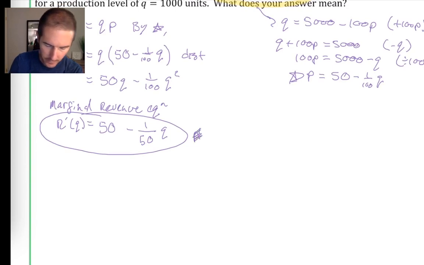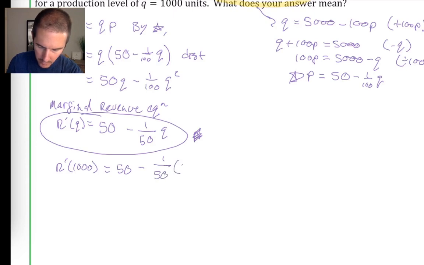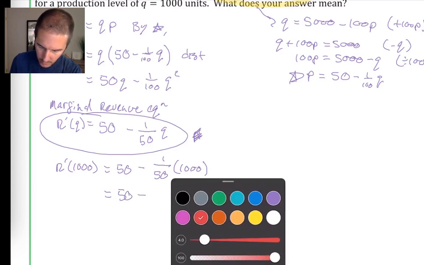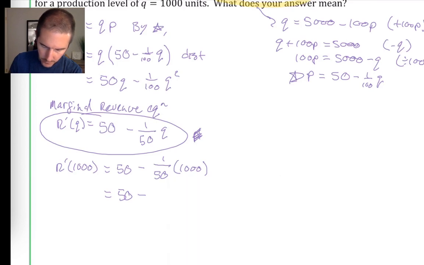We don't even have to write that. Let's just write R prime of 1000 equals 50 minus 1/50th times 1000, which is 50 minus, you could cancel a 0 if you wanted to, and then you've got 100 divided by 5, which is 20, which is equal to 30.